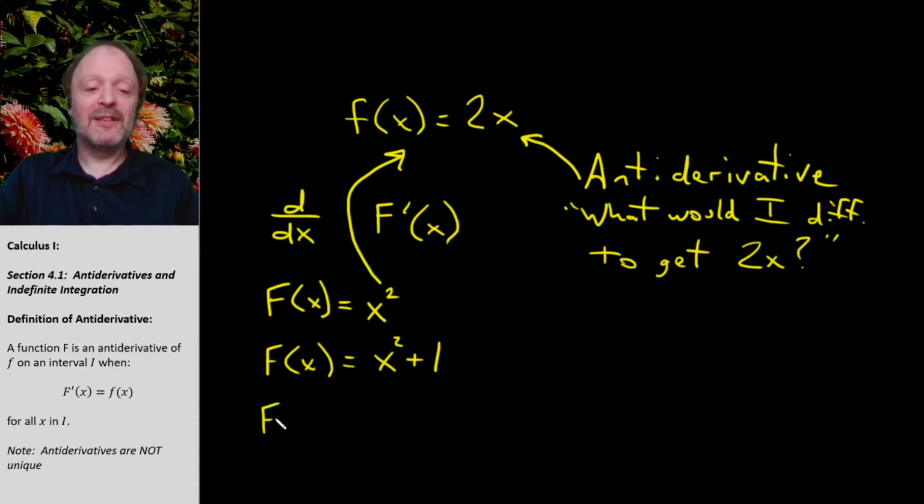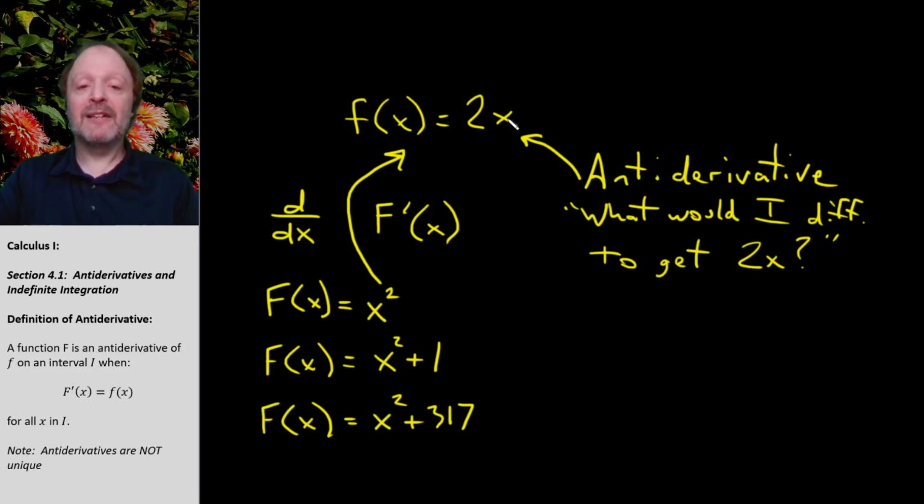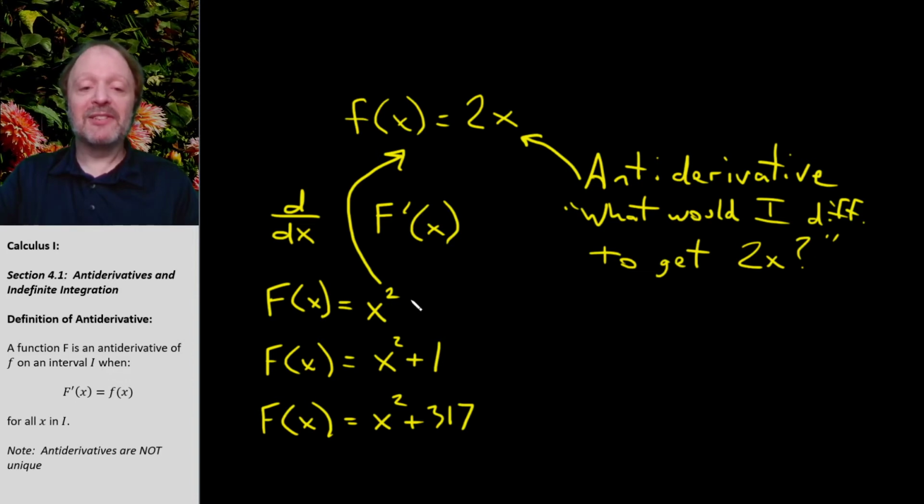What about maybe x squared plus 317? Yep, that still works. If I differentiate this, I get back 2x, but these are not the same. X squared is not the same as x squared plus 1, which is not the same as x squared plus 317.